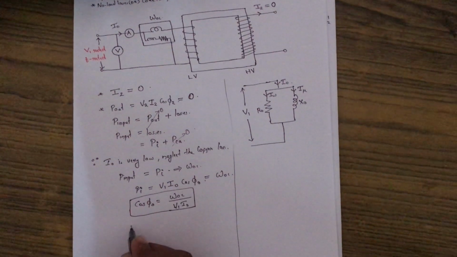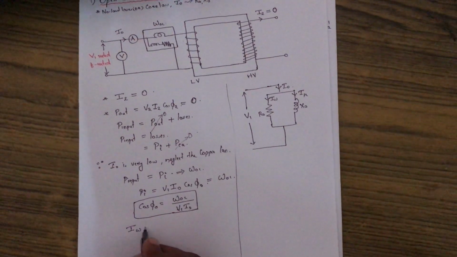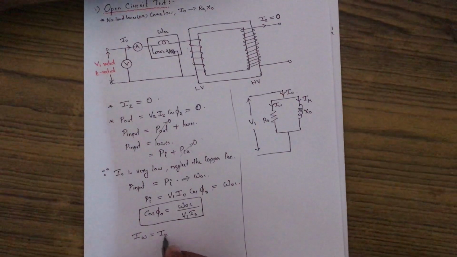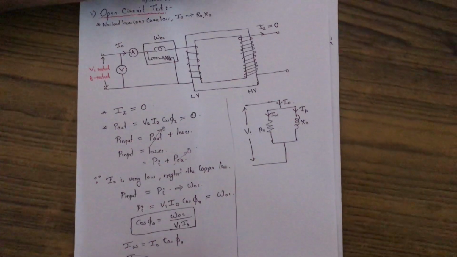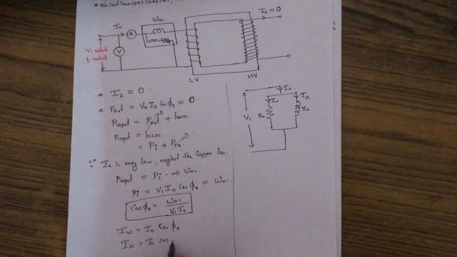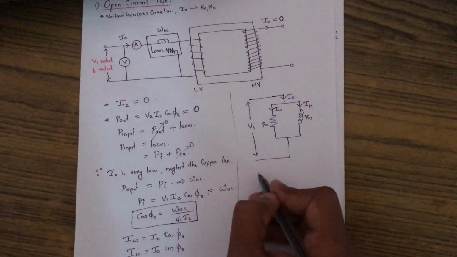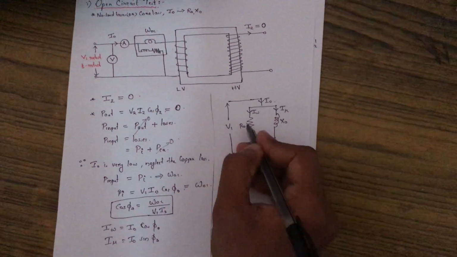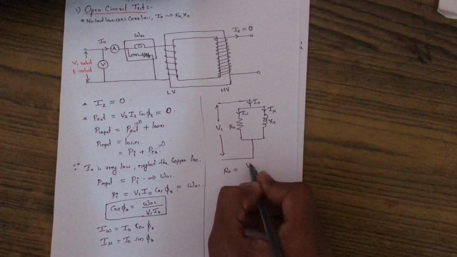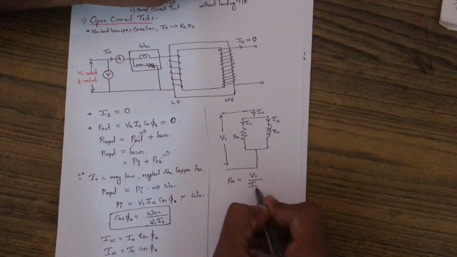Then we know IW is equal to I naught cos phi naught, and I mu is equal to I naught sin phi naught. Here R naught is equal to V by I, the voltage across this resistance is V1, divided by IW.